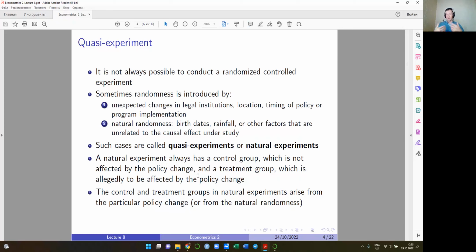And so the authors are trying to explain why you can think about this treatment, about this variable, as being random. This is a very important step in order to proceed.